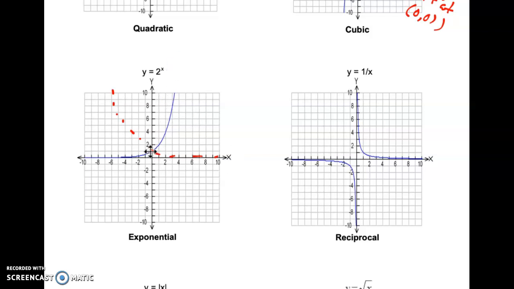Things about 2 to the x: it has a y-intercept of (0, 1), and it has a horizontal asymptote along the x-axis at y equals 0.